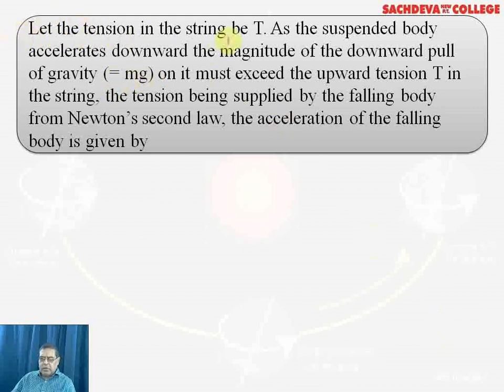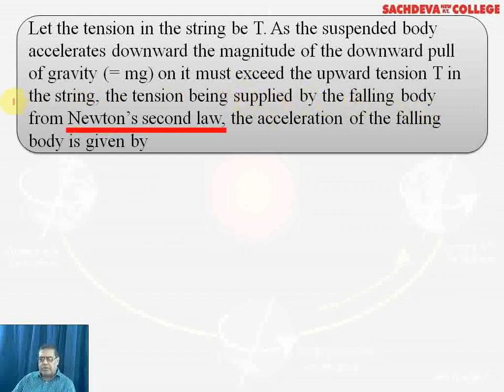Now let us suppose first of all that the tension in the string is T as the suspended body accelerates downward, that is in the direction of mg. The magnitude of the downward pull of gravity, that is called weight, is mg, and it must exceed the upward tension T in the string. So the net force acting on the mass must be mg minus T. The tension is being supplied by the falling body.